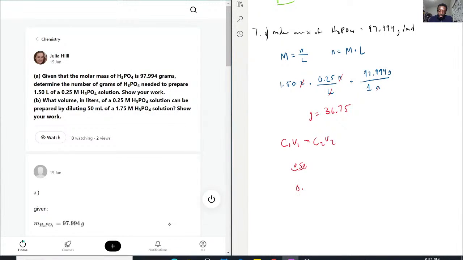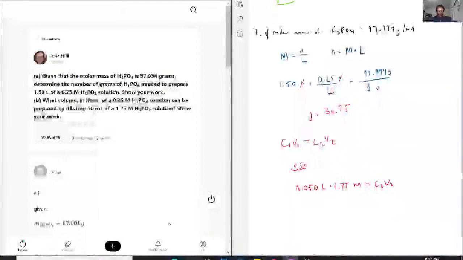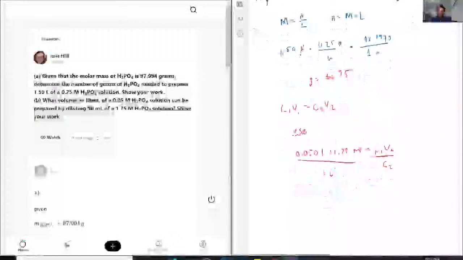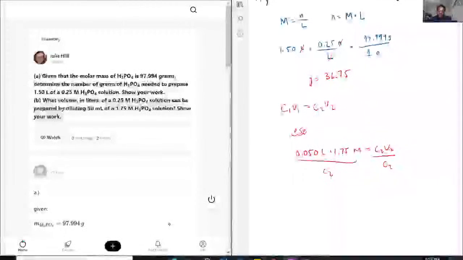So that's 0.050 liters for V1. The C1 will be 1.75 molarity of H3PO4. And that has to equal C2V2. Because we already know the concentration C2, which is 0.25, we just divide both sides by C2 to see what we get.